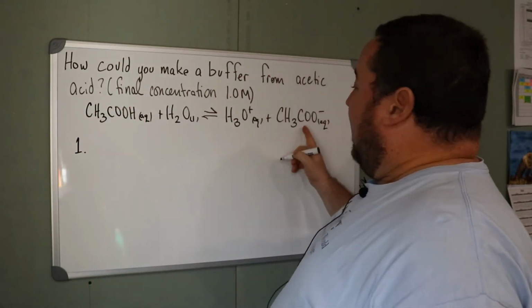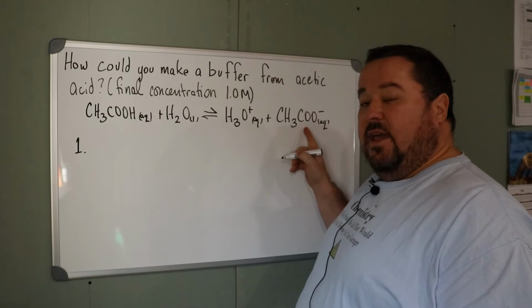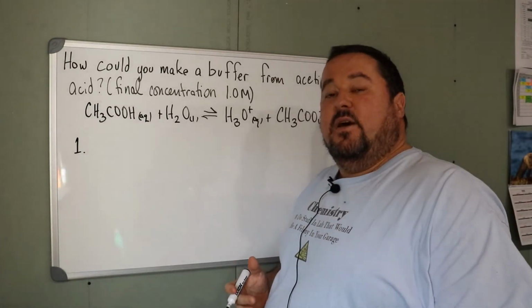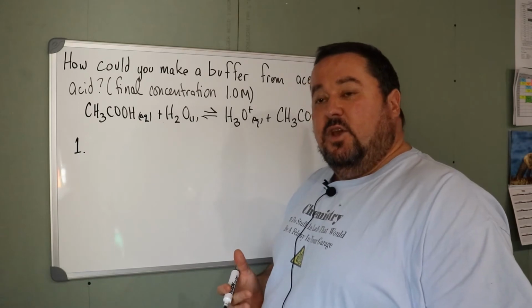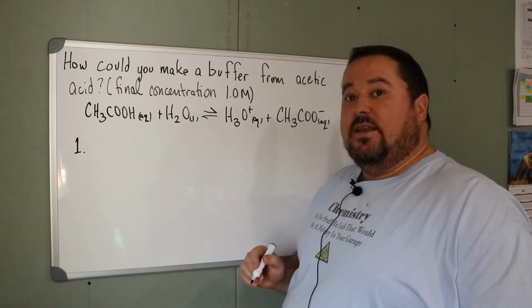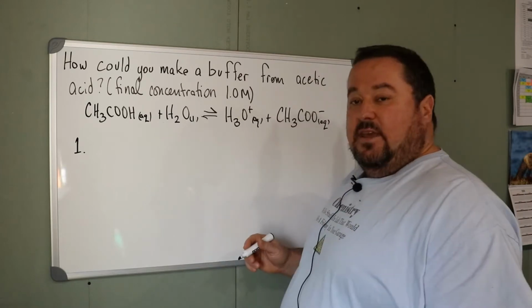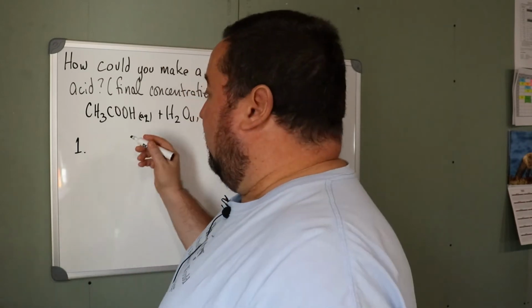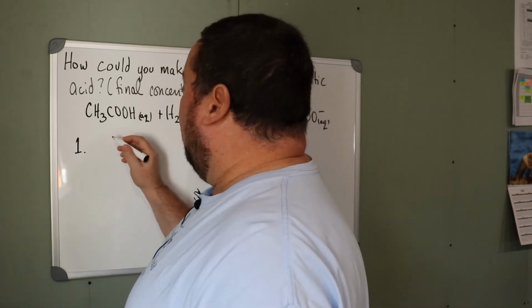is we can add a source of the acetate ion. Now, acetate ion is just an ion. We need a compound that contains this ion, which is water soluble, so we can add it to water and provide the acetate ion. So I'm going to choose sodium acetate because sodium is soluble with most anions.